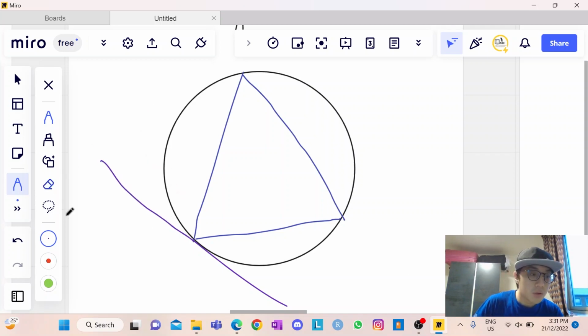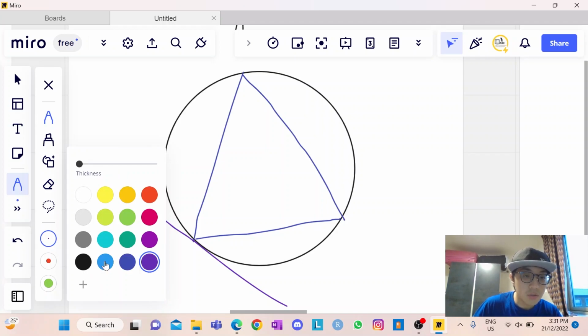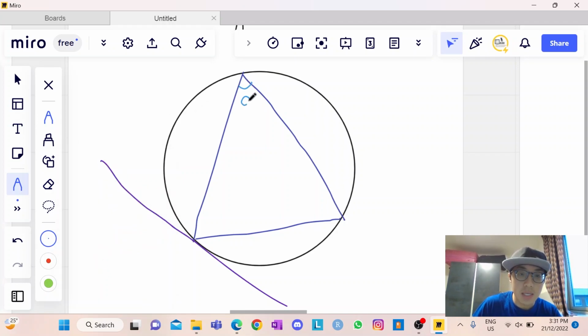So if you are to name all the angles inside the triangle, let's say this is A, this is B, and this is C, and then you have a line right here. It's a tangent touching the circle. If you have a midpoint and dot it down, it will be 90 degrees, but I would not include that in this diagram.